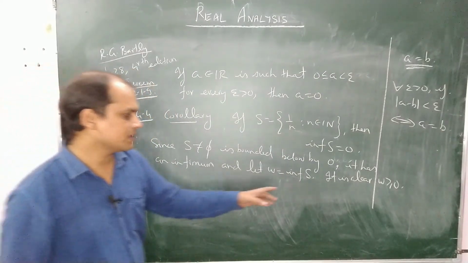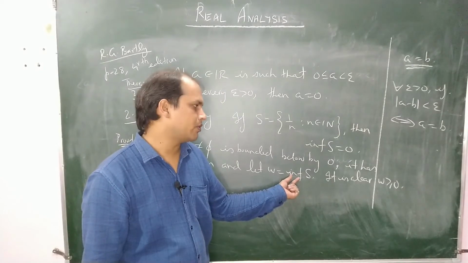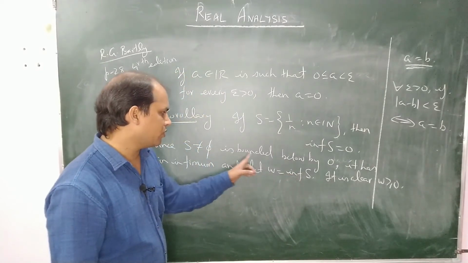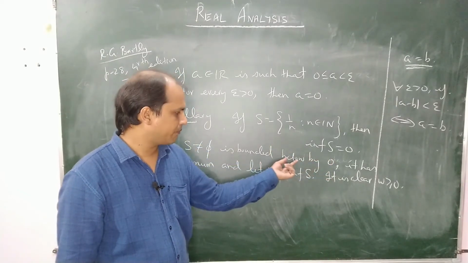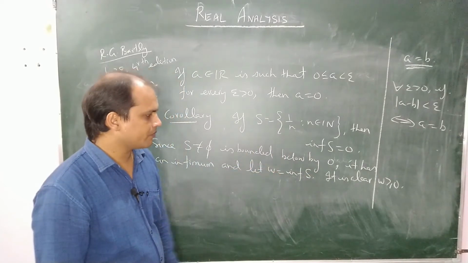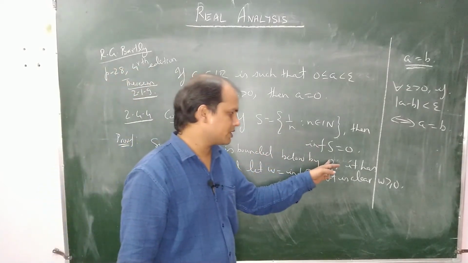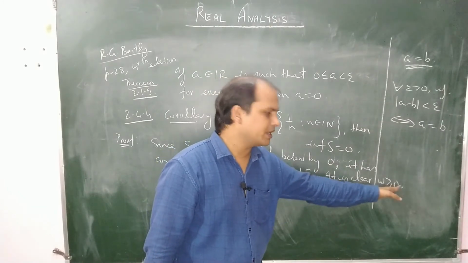Why is W greater than or equal to 0? Because infimum is the greatest among all lower bounds. One of the lower bounds is 0, and all other bounds will be either less than 0, or if there is any other bound greater than 0, then obviously the greatest one is either 0 or greater than or equal to 0.